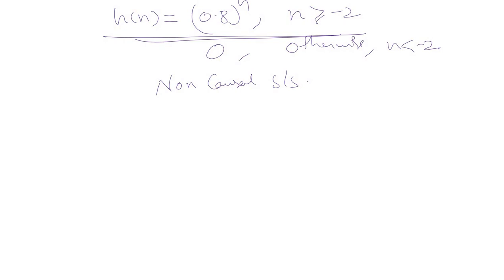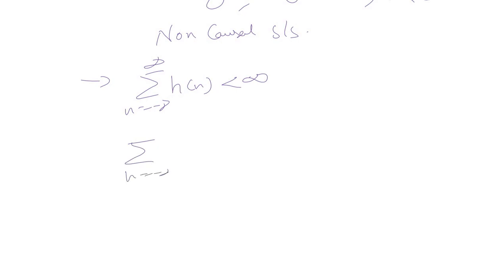And similarly, let us check the stability of the system. For stability, the condition is the summation of the absolute value of h of n should be less than infinity. Okay, let's check the same.